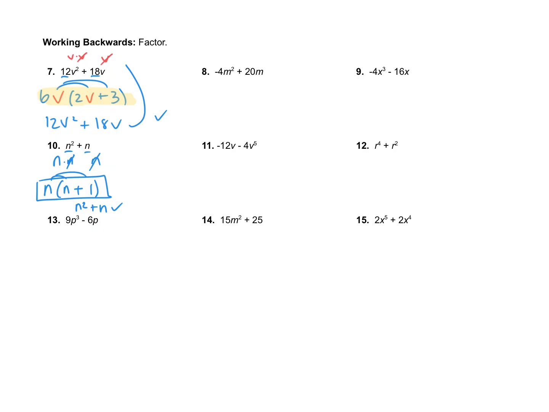Okay, 13. What can I take out of 9 and 6? 3. So when I do, I'm left with 3 and negative 2. If I have 3 p's here and 1 p here, how many p's can I pull out? 1.